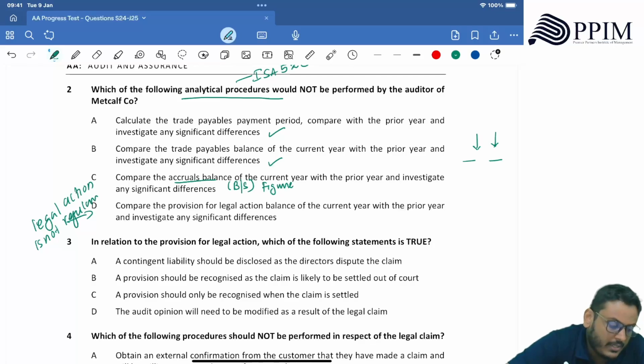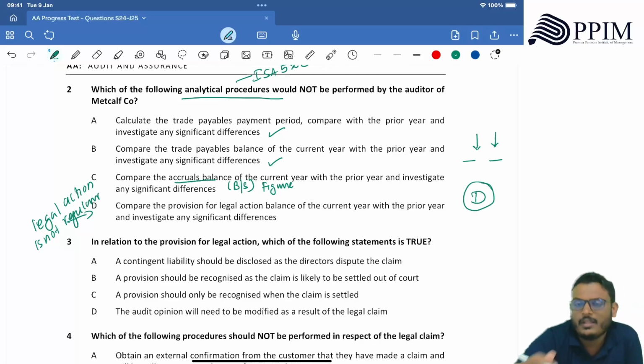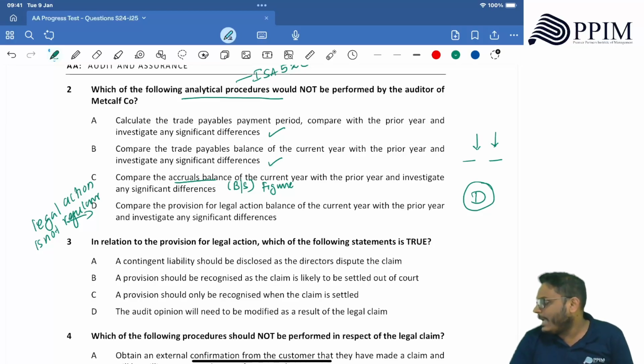So you can't compare with the previous year in this case. Correct answer is D. You can't compare it because apple should be treated with apple, right? That's what I told you. Normally, when it comes to financials, income statement elements are periodic transactions, so we can compare current year with the previous, right?